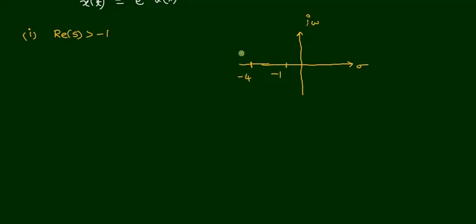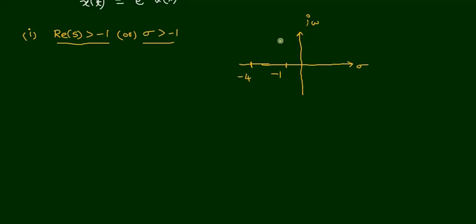Okay. So now as per the given condition, real part of S is greater than minus 1, meaning our sigma is greater than minus 1. So the region of convergence exists greater than minus 1.